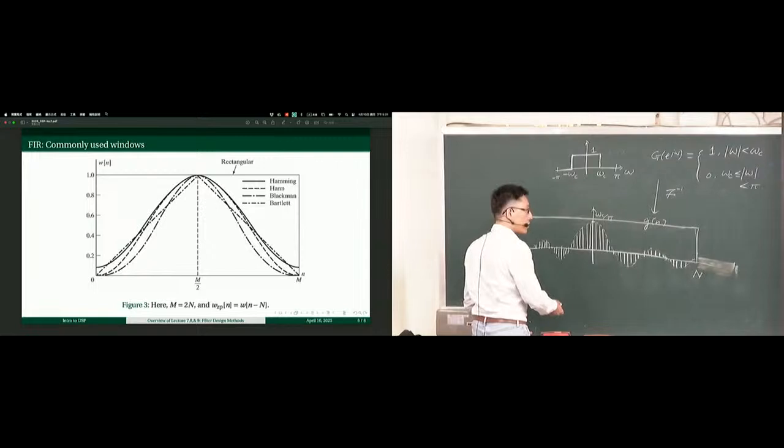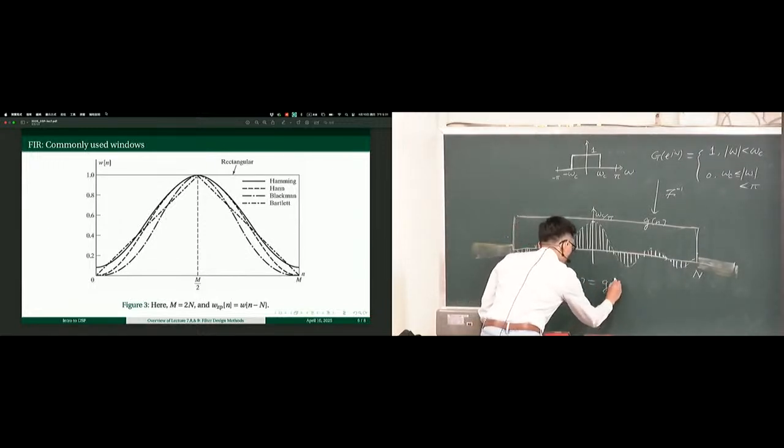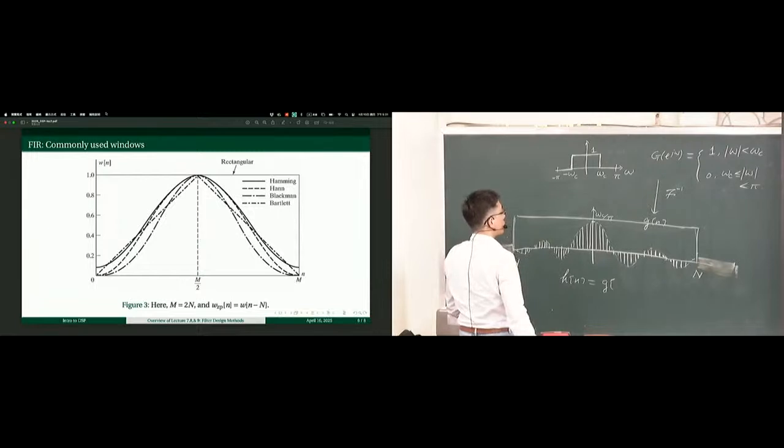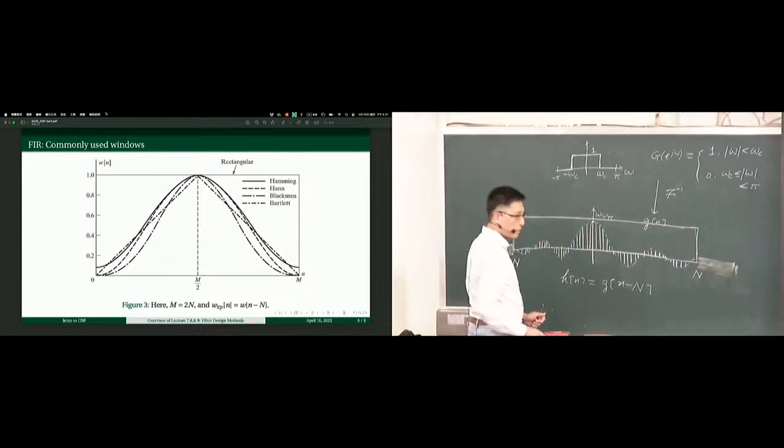Your final design might be something like, let's make h equal to g of n shifted to the right, n minus n. Then we say this is your design.